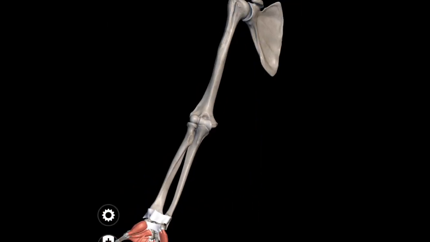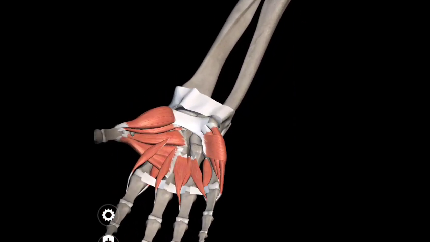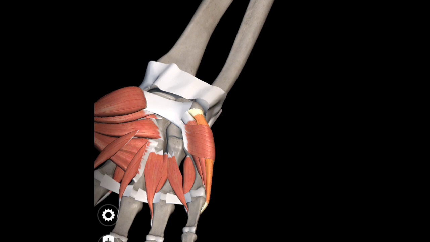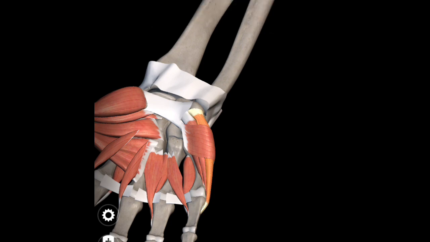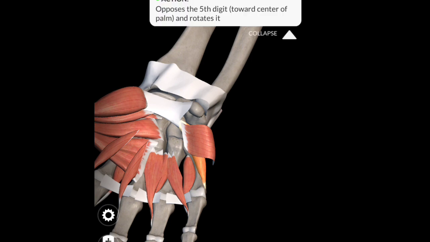Okay, so digiti minimi has two muscles, abductor and flexor, and these are supplied by the branch of the ulnar nerve. Another is the opponens digiti minimi because it helps in opposition. It is also supplied by the ulnar nerve.